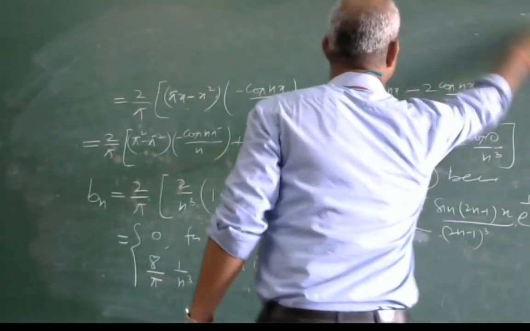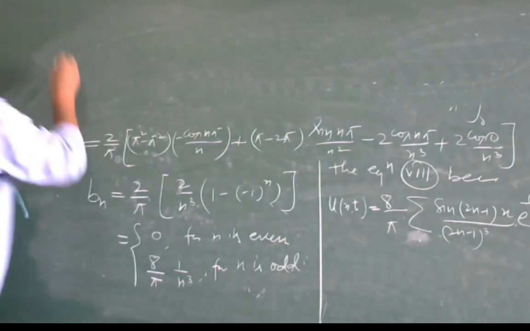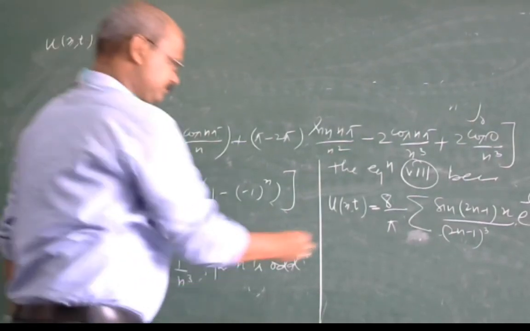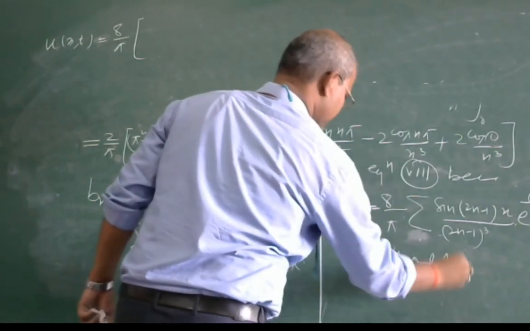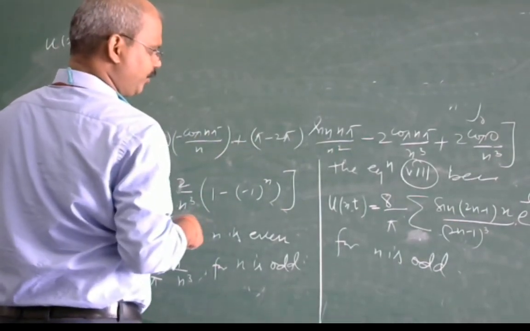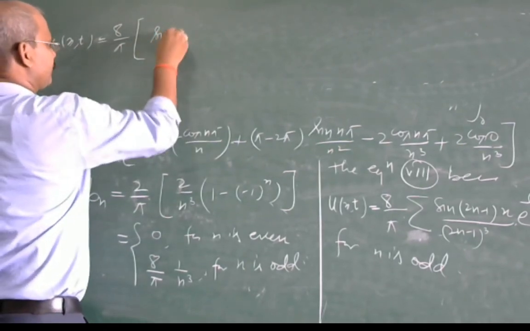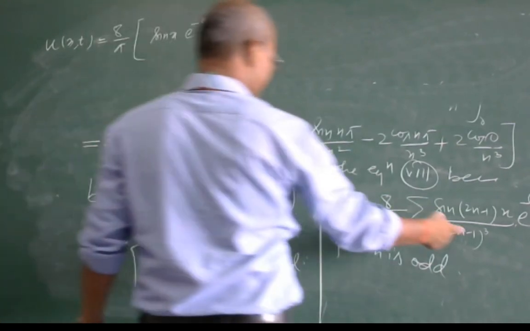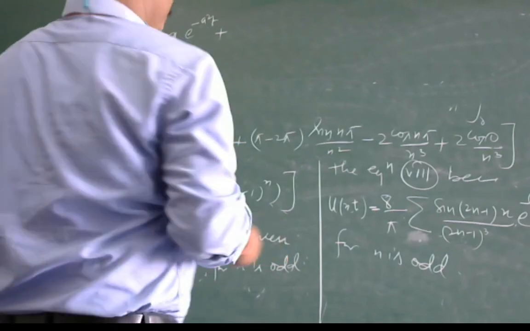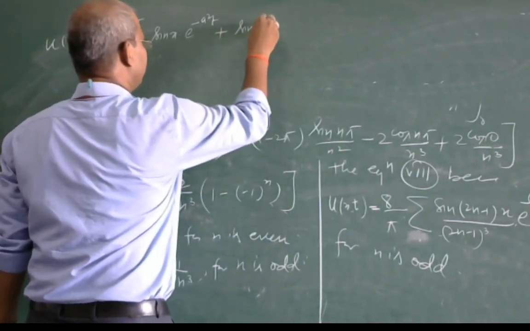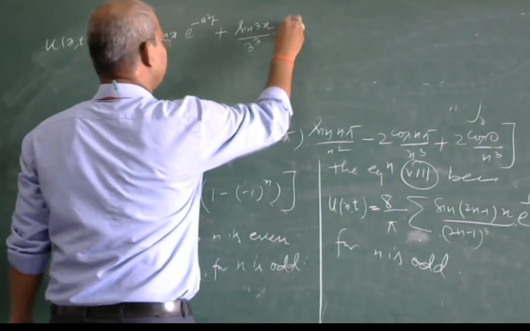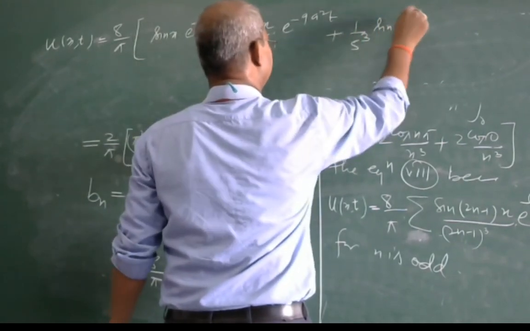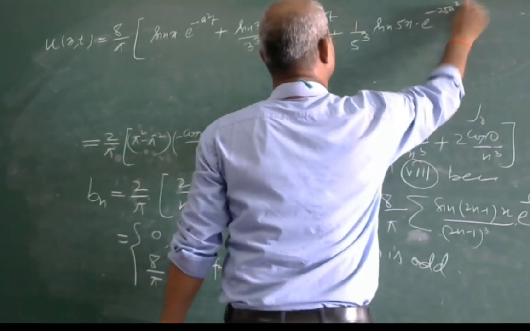To simplify this, we can write u(x,t) is equal to 8 upon pi, for n odd, and after putting n equal to 1, this becomes sin x e to the power minus a square t, plus after putting n equal to 3, this becomes sin 3x upon 3 cube into e to the power minus 9a square t, plus 1 upon 5 cube sin 5x into e to the power minus 25a square t, plus and so on.